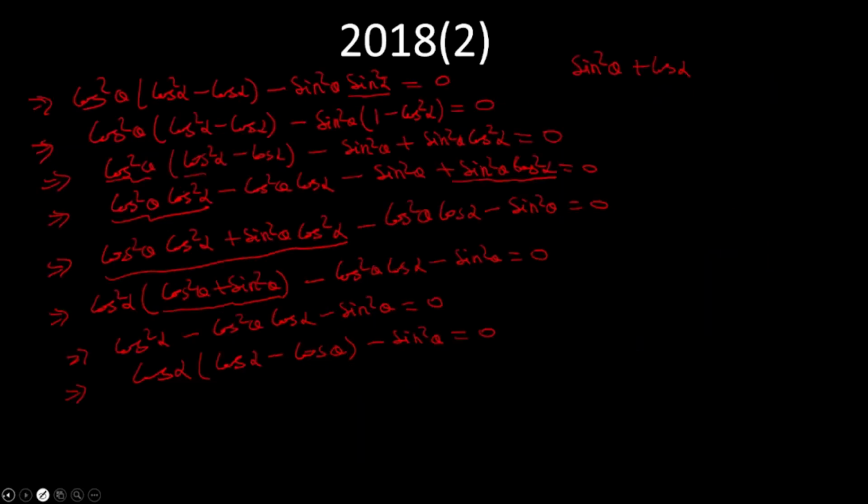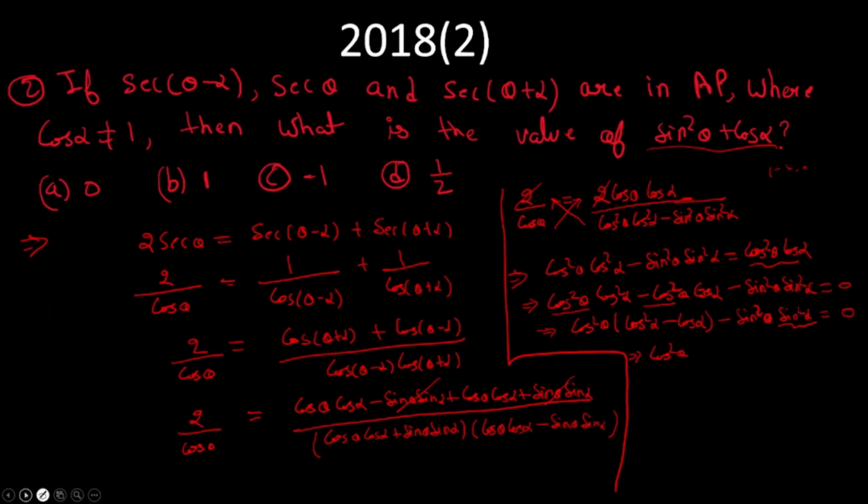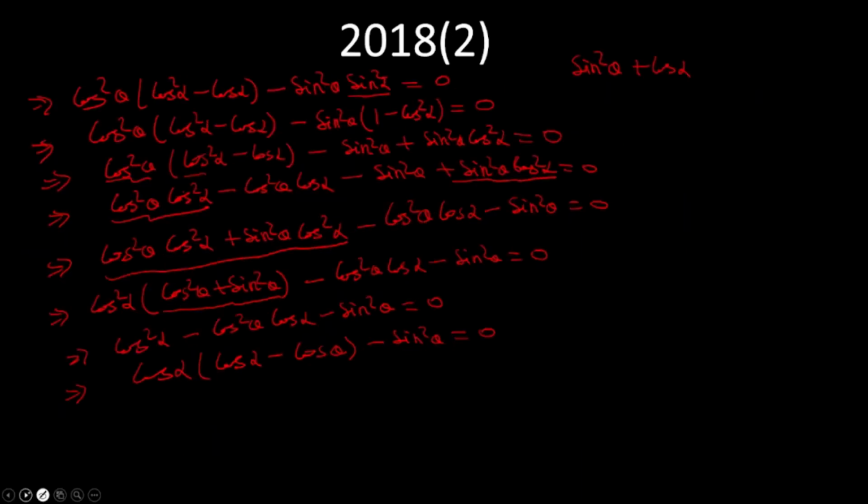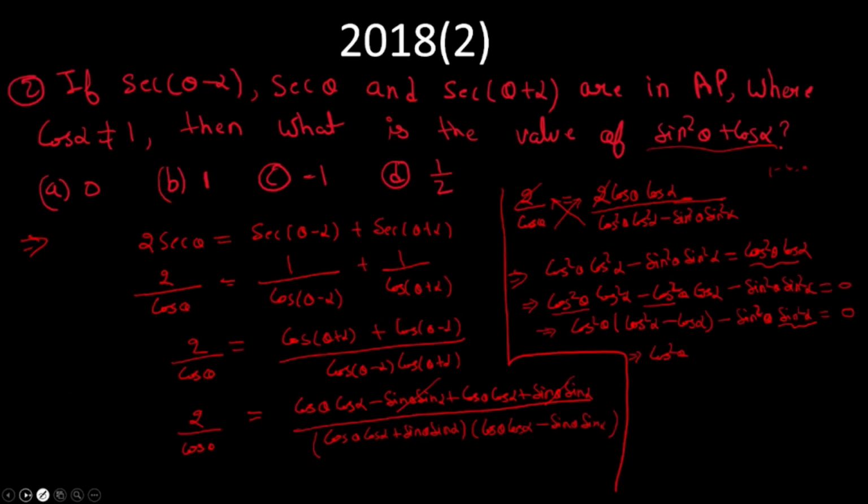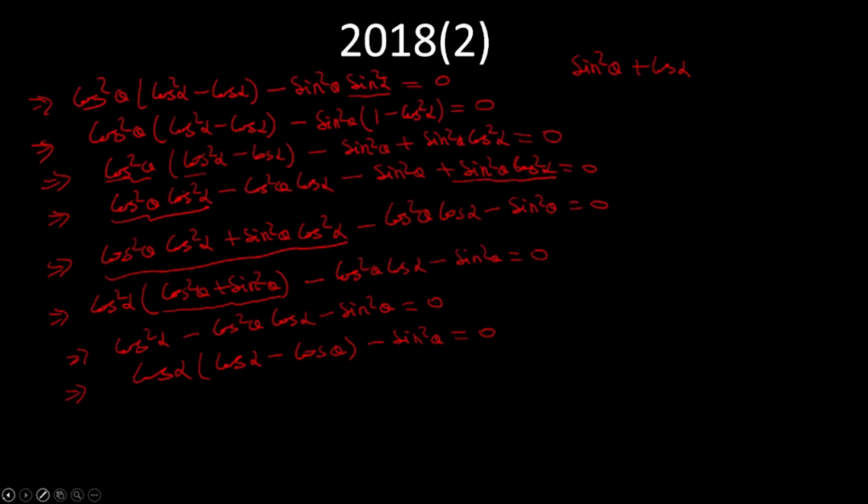Sir, show the last slide, here there should be cos square theta, right? Cos square theta here, last slide. No, I take cos square alpha common, so here it becomes cos square theta plus sin square theta.